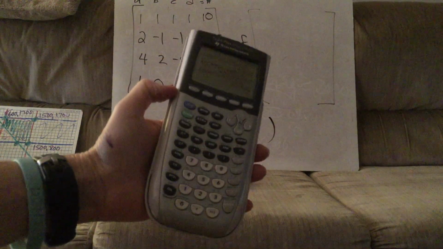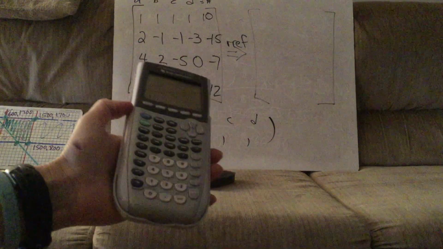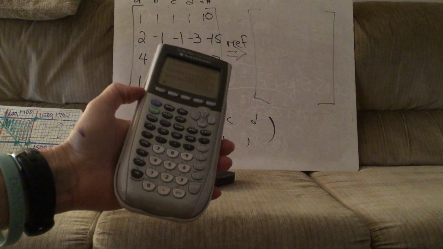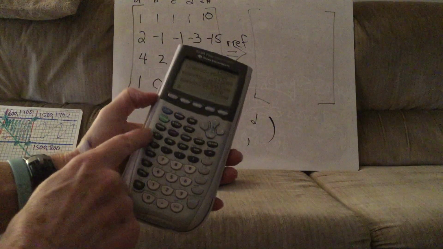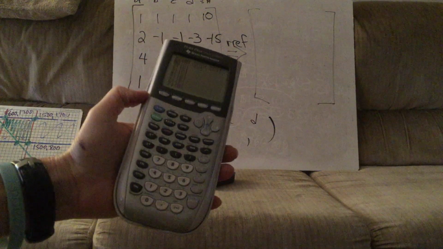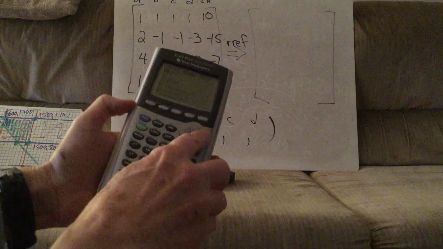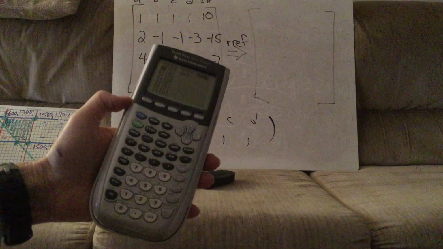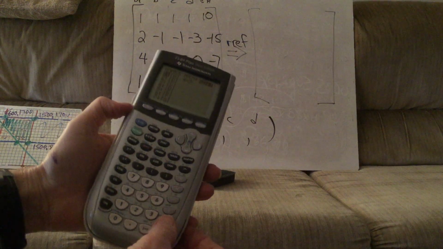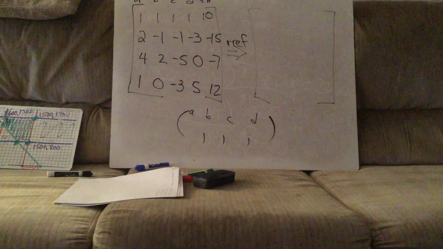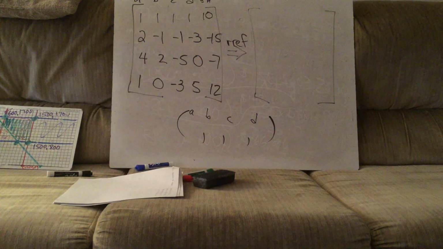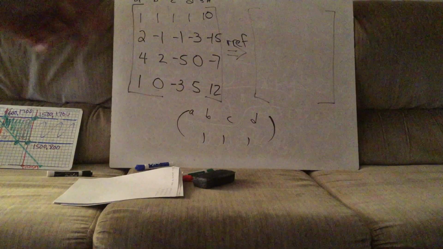So here we go. That matrix is going into our calculators. Second matrix. I'm going to click across to edit. It says, what are the dimensions of the matrix you want to put in? Well, how many rows do I have?